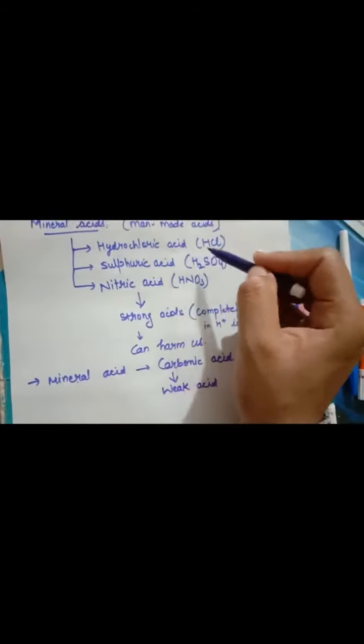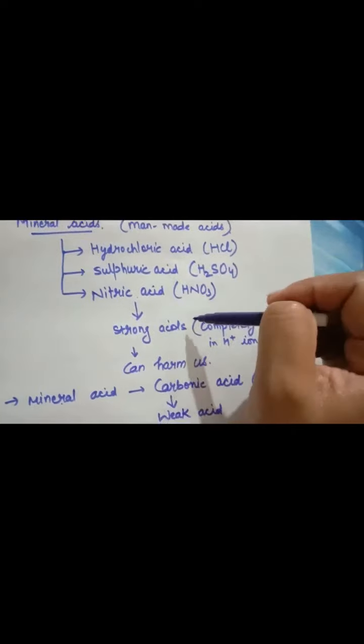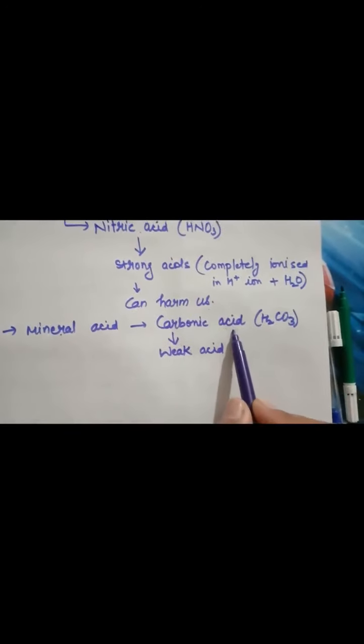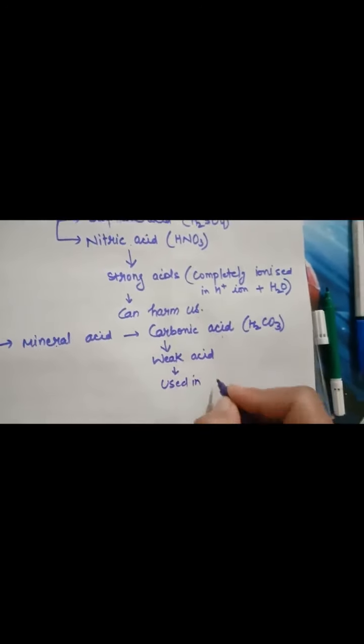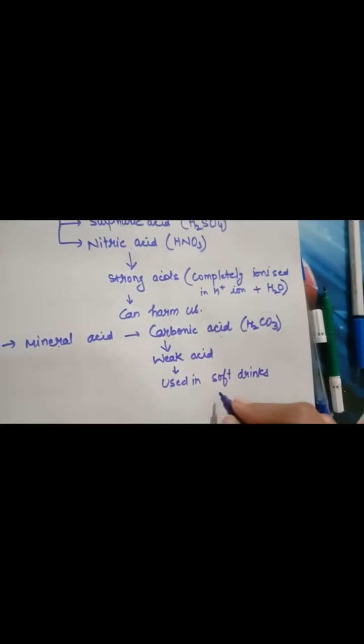So there are three strong mineral acids: hydrochloric acid HCl, sulfuric acid H2SO4, and nitric acid HNO3, and they can harm us. But there is one mineral acid, carbonic acid, whose formula is H2CO3, and it is a weak acid used in soft drinks and soda water.